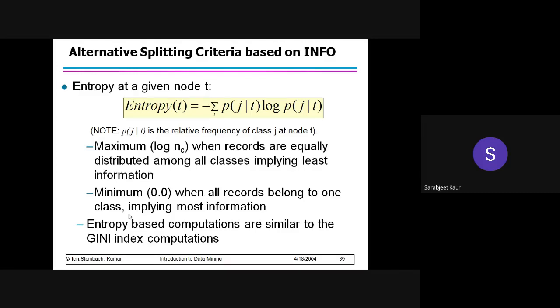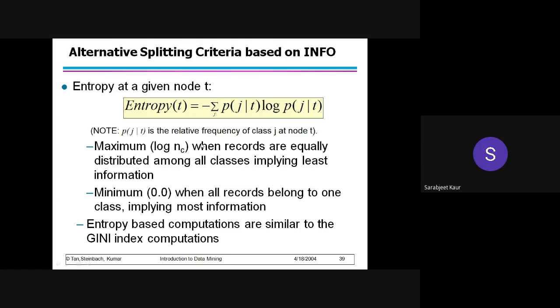The next metric that we're going to look at is entropy. Again, as I told you, only the formula largely is different. In this case, again, the minimum value is 0. It happens when all the records belong to the same class, implying the maximum information.